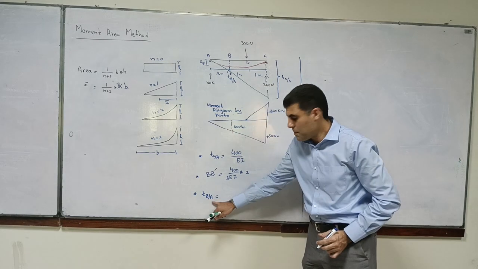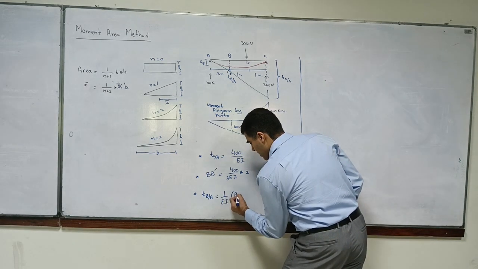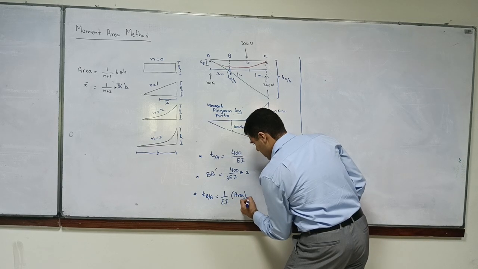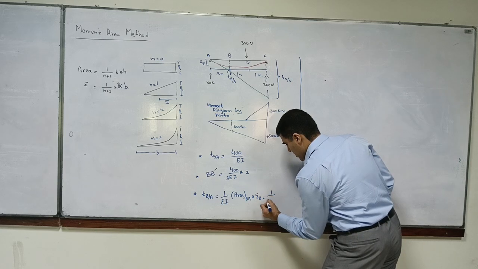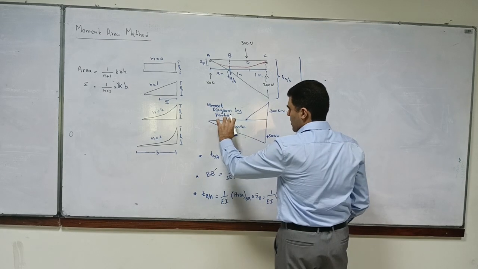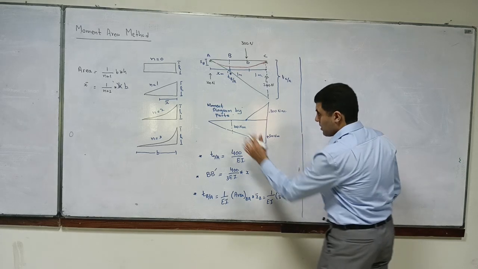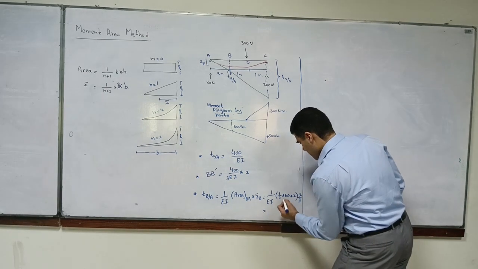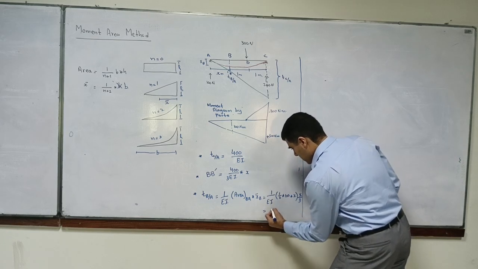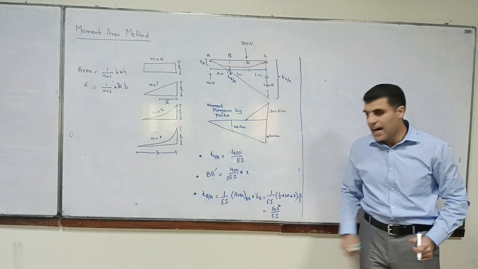Then delta B by A is equal to 1 over EI, and x square over EI.